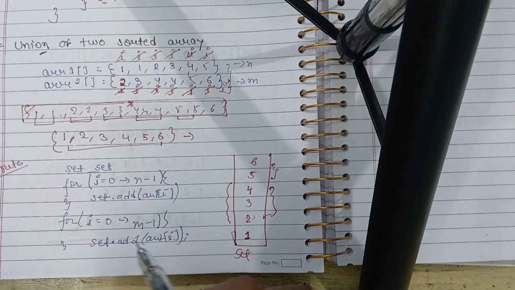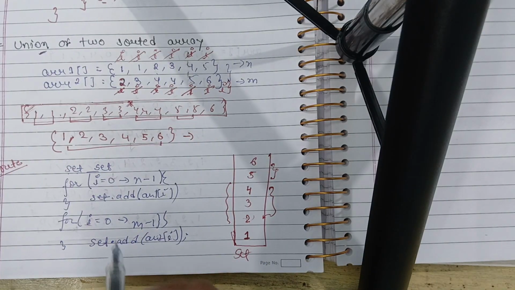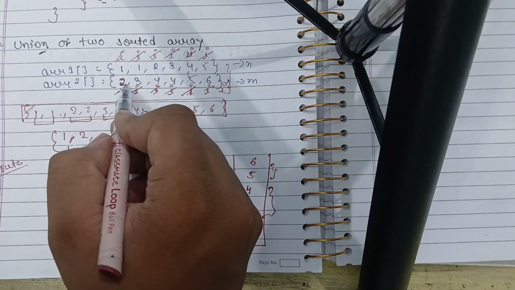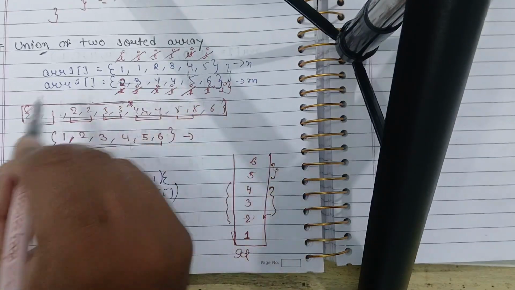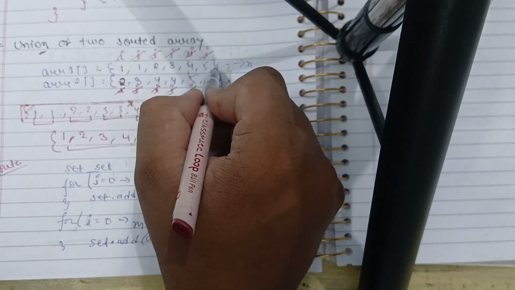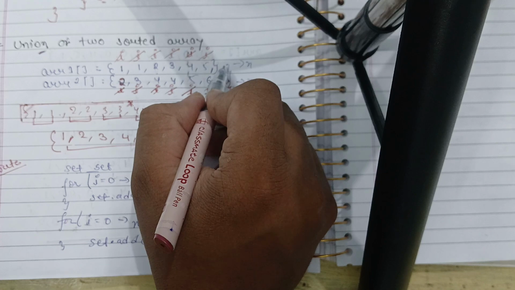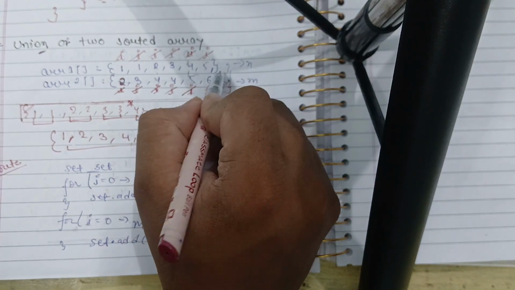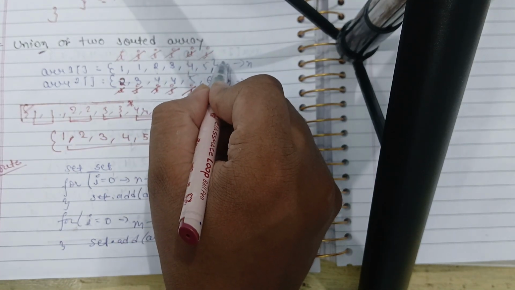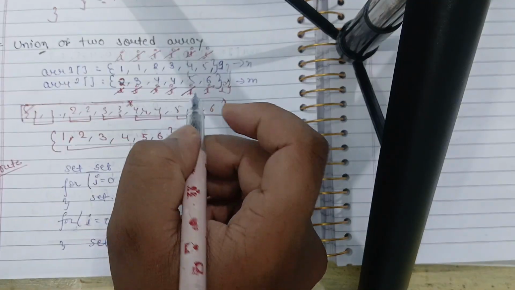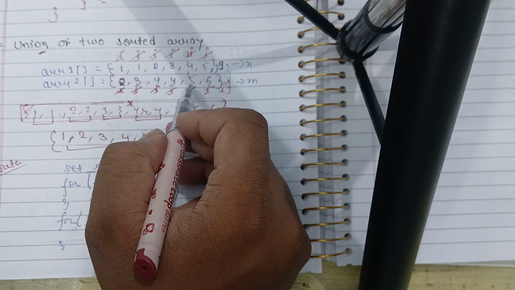Now what I'm trying to say is, after inserting these elements, let's suppose it contains 9 over there. Okay, and also I think I need to change the array.